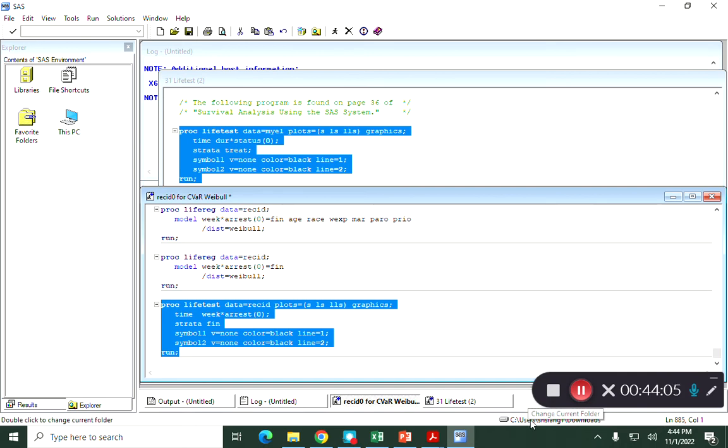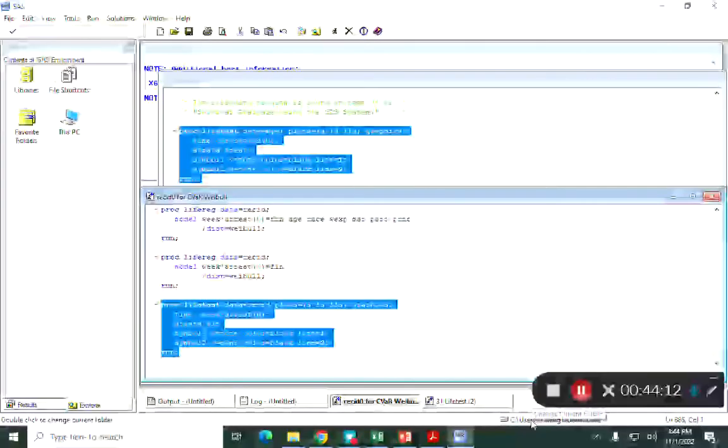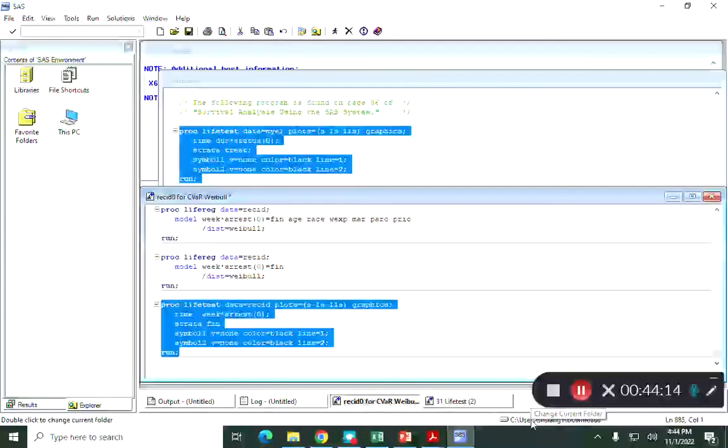This proc lifetest, you can compare variable by variable. This one just graphically compares with or without finance. I can have several lines, but here we only have with finance and without finance. Does it come down quickly?